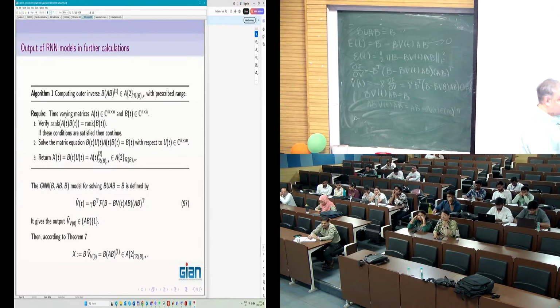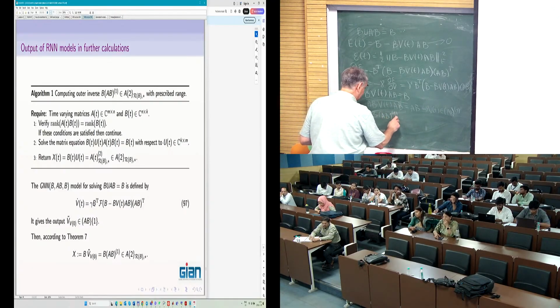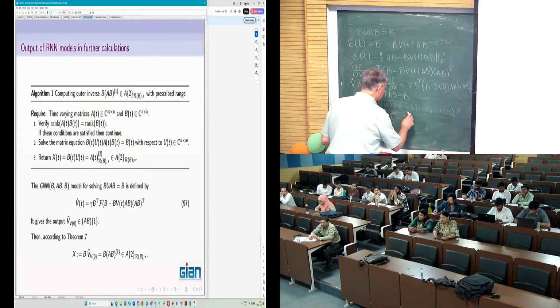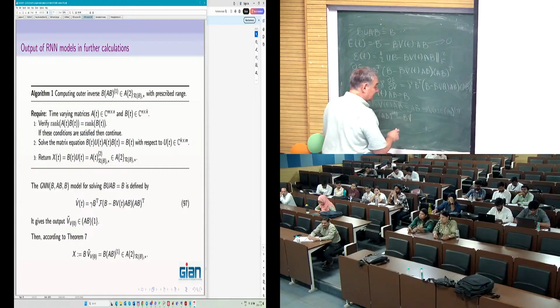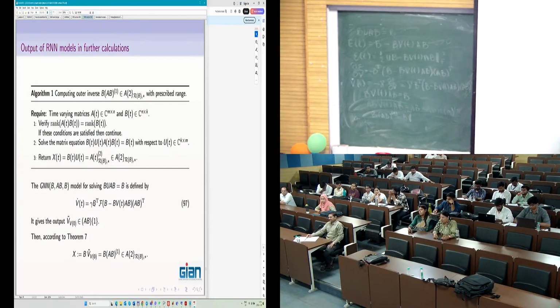The matrix equation will give an inner inverse. One solution is one inner inverse, another solution is another inner inverse, but always in AB{1}. Given A, here is V tilde, which means V of t after an infinite time period.